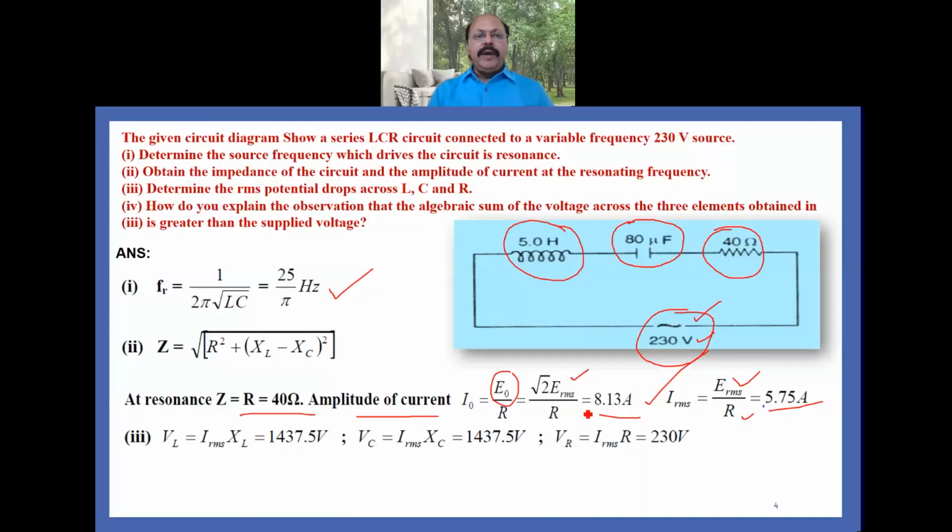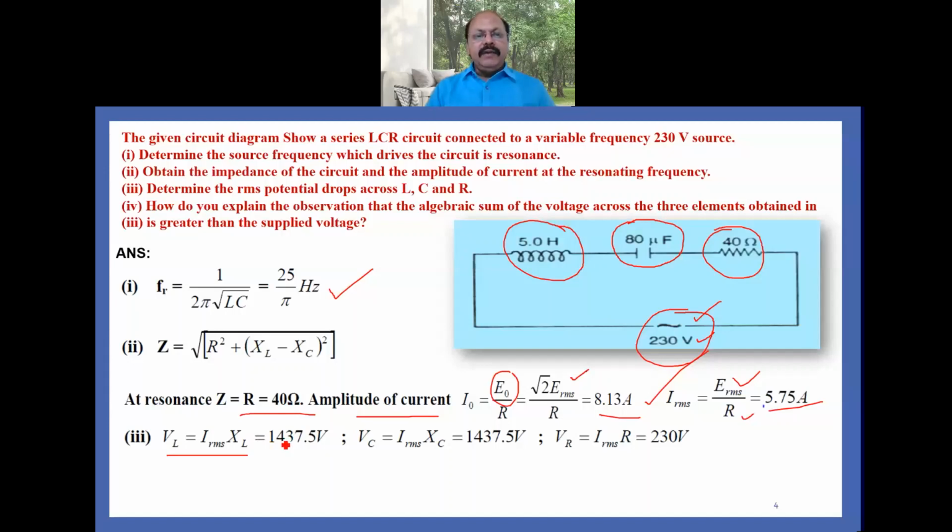So the potential drop across L is given by VL equal to IRMS XL. Substitute the value of IRMS, and XL is omega L, and omega L is 2 pi fL.